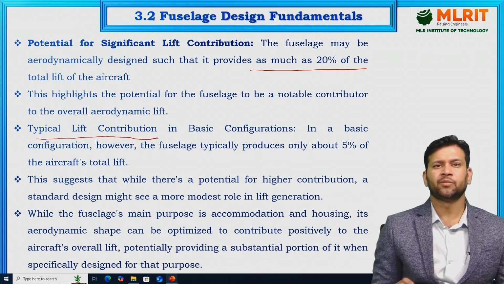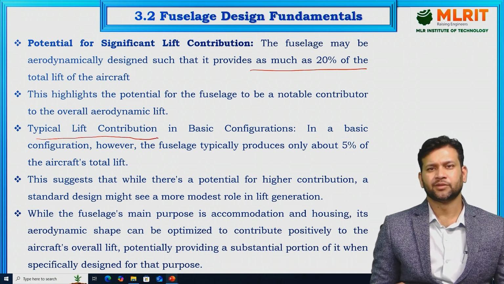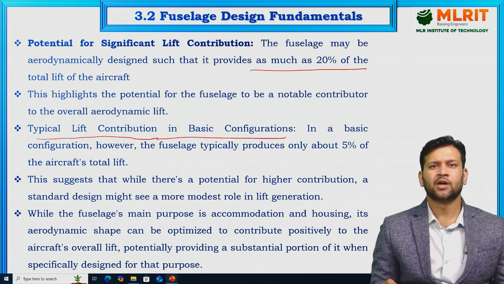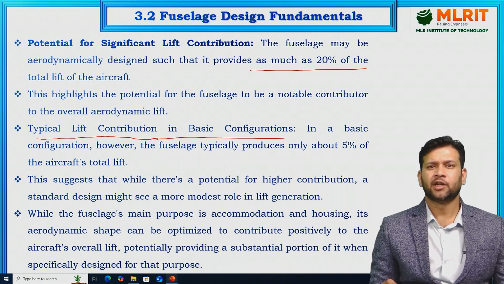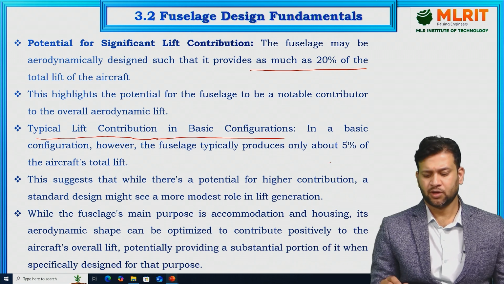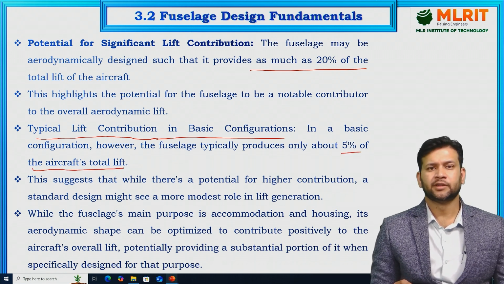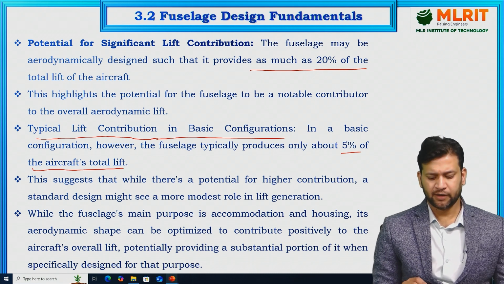Typical lift contribution in basic configuration. In a basic configuration, however, the fuselage typically produces only about 5% of the aircraft's total lift. This suggests that while there is a potential for higher contribution, a standard design might see a more modest role in lift generation.